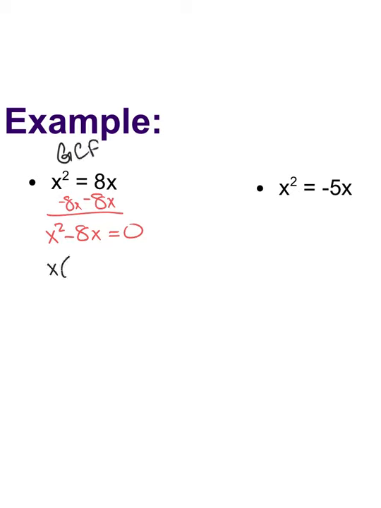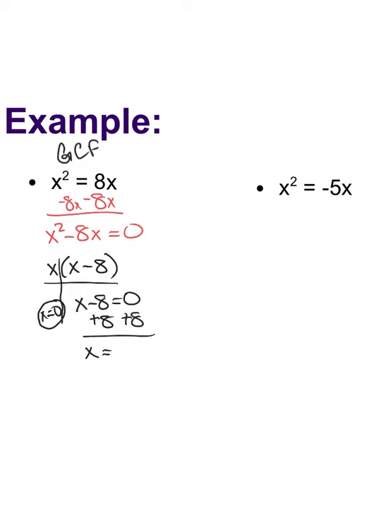So I can take an x out of each term, and I'm left with x times x minus 8. When I go to T-chart this, on the left, I get x equals 0. There's nothing to solve. On the right, x minus 8 equals 0. I'm going to add 8 to each side, and I get x equals 8.